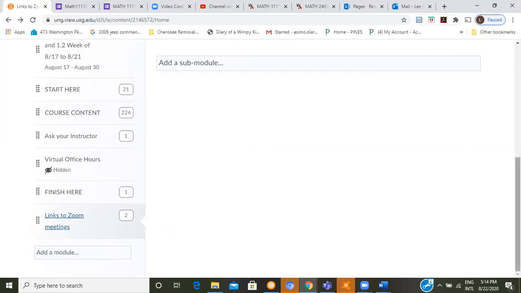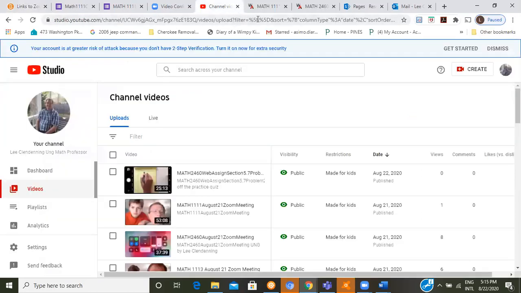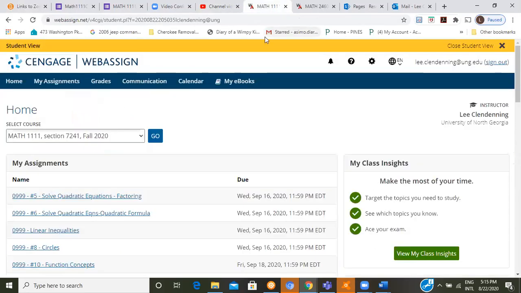All right, let me see if I can get into Webassign. Okay, I've published the class keys to get into Webassign. I hope you've been able to get in.